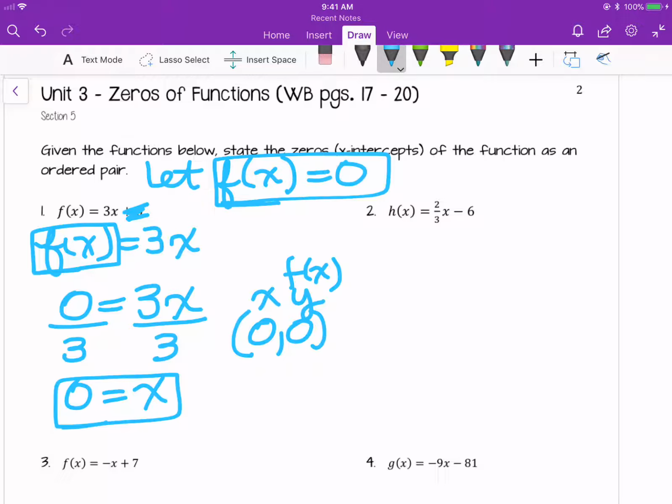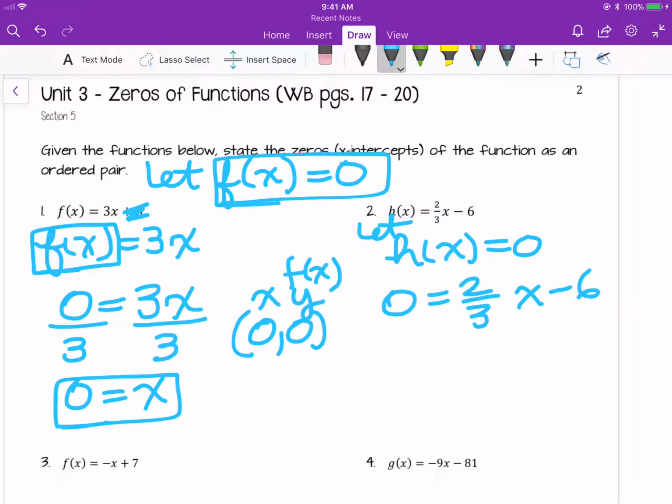Okay, number 2, we now have h of x, same thing as f of x. Doesn't matter the variable there, it's just letting you know that this is a function. So instead of f of x equals 0, I'm going to let h of x equal 0. So now I have 0 is equal to 2/3 x minus 6. My first step, I'm going to add 6 to both sides. So I now have 6 is equal to 2/3 x.